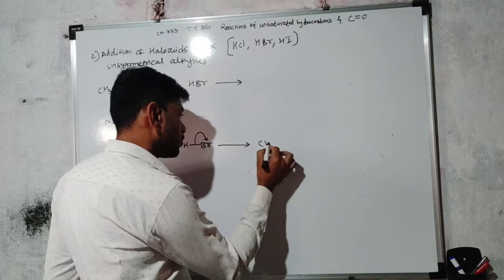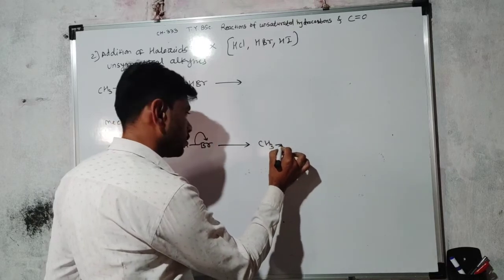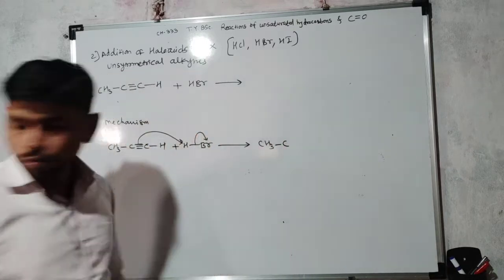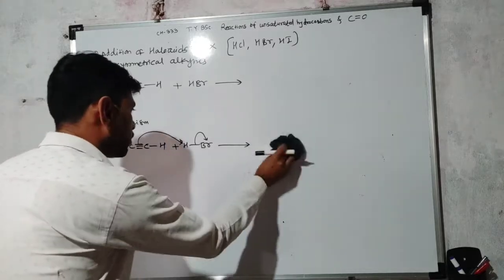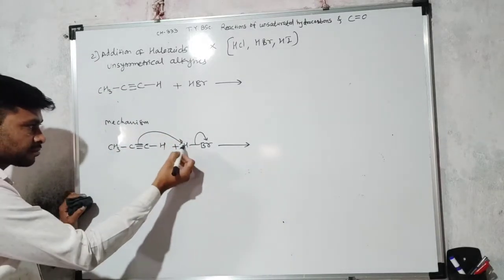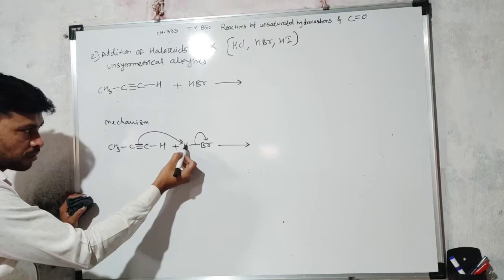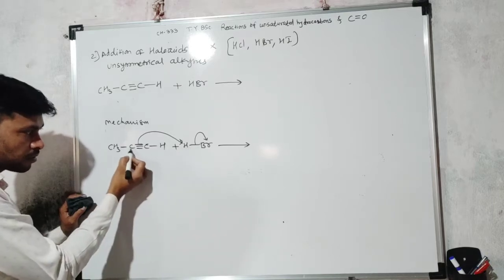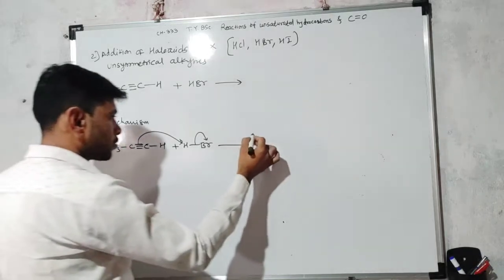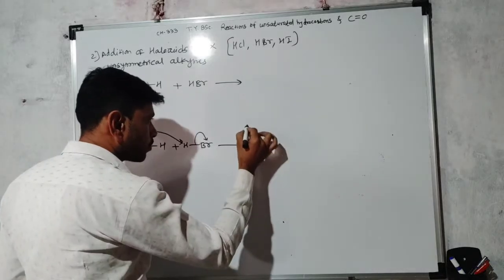See here, CH3 C. Now this carbon is left with a deficiency, but when the hydrogen attaches to this carbon, the other carbon is left with the deficiency. So two possibilities are there.